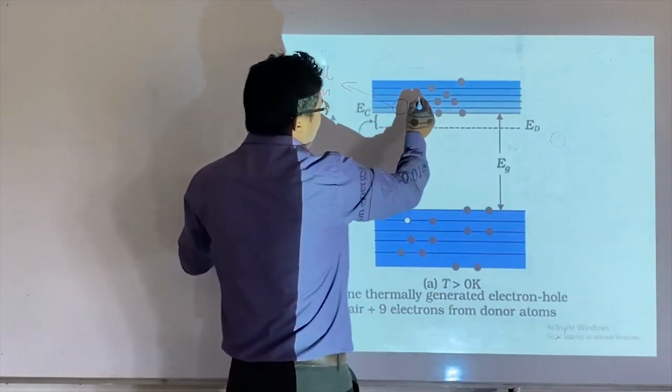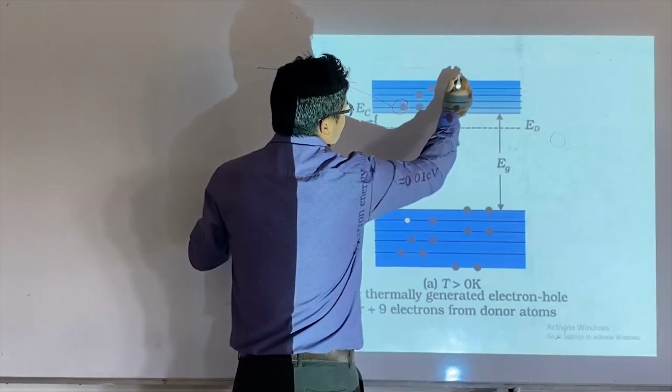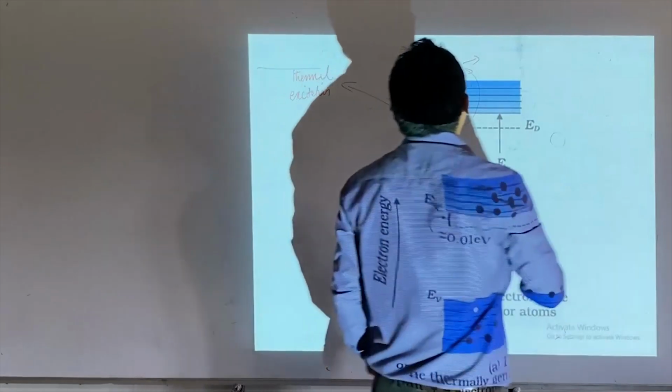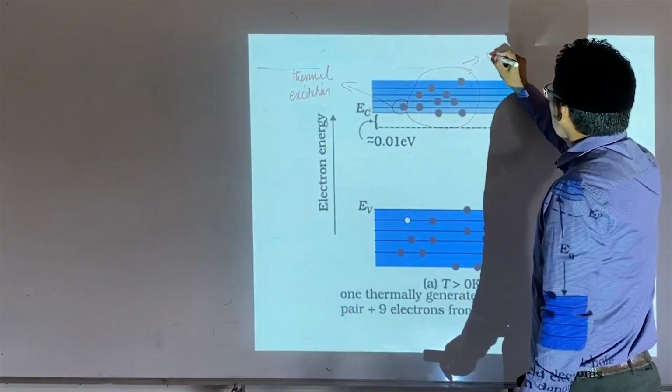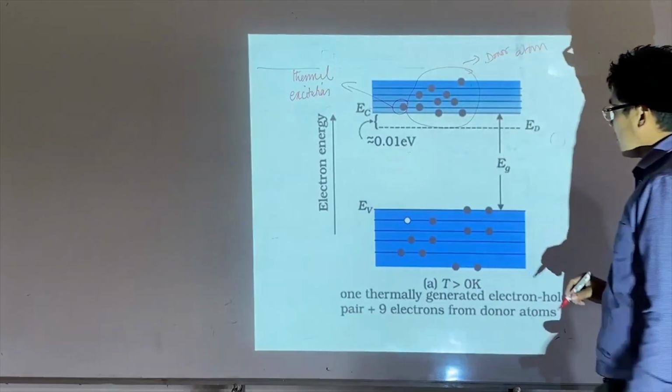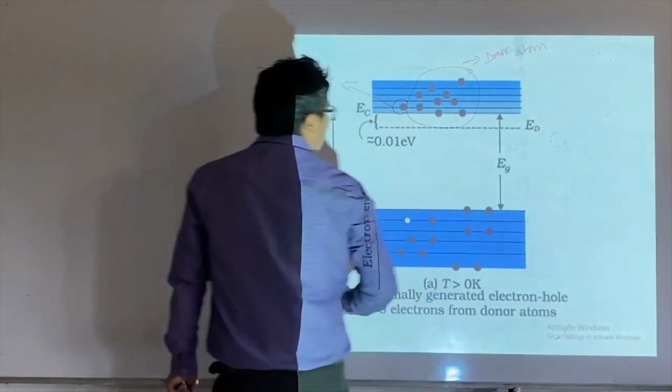And how many? 1, 2, 3, 4, 5, 6, 7, 8, 9. These 9 electrons are because of donor atoms. All right, so this is what we have, right?